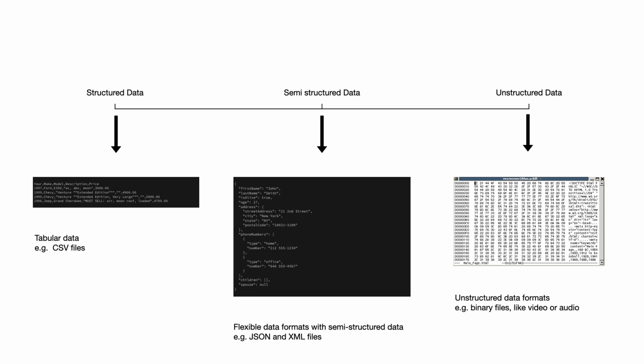So as I mentioned before, unstructured data is something that human beings cannot really make a lot of sense of when they look at these numbers. Examples of file formats that can be stored in this unstructured way are video files or audio or binary files in the most general way.